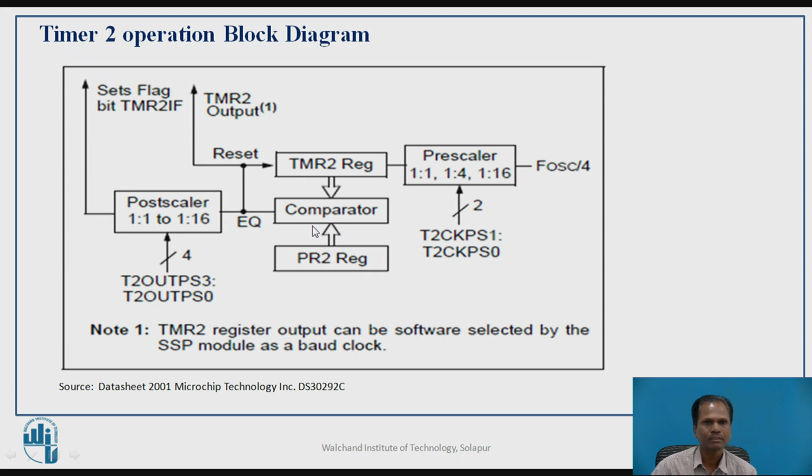Whenever a match occurs, the output is generated. That output is passed through a software programmable postscaler before it generates a timer 2 interrupt, TMR2IF in PIR1 register. Before that, the output from timer 2 is provided to the SSP module for baud rate clock generation as well as for PWM mode, CCP module.